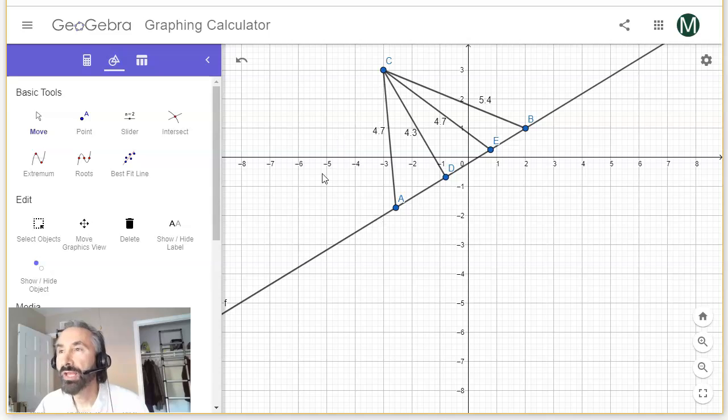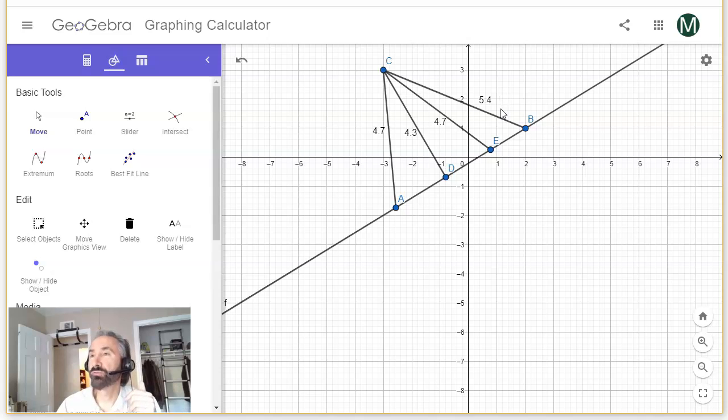C. What I'd like you to do is hit pause on the video, take a look at this picture, and think about it for a minute. If this was a multiple choice situation and we had to choose, one of these numbers here is possibly the option for what the distance is, but maybe it's not, maybe it's something else.